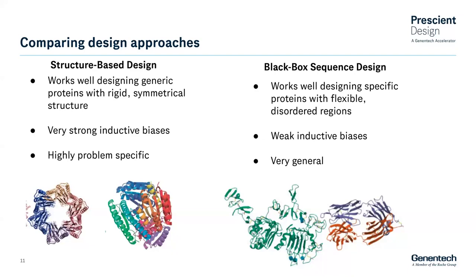And this emerges in essentially which types of proteins different protein design methods do best on. So structural methods, and I would say this goes for both traditional physics-based approaches and ML augmented approaches, currently work best designing what I would call fairly generic proteins that have very rigid symmetrical structures.